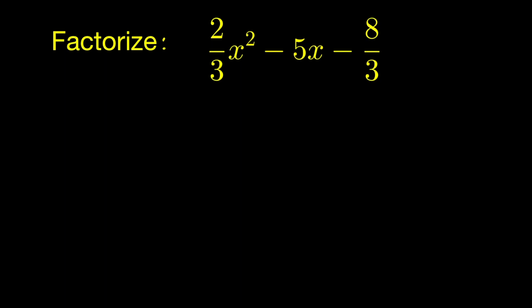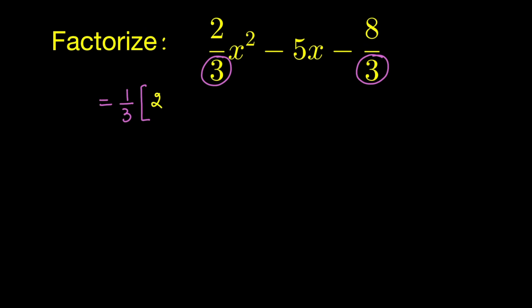Now the first one is 2/3 x squared minus 5x minus 8 over 3. The first step should be that we get rid of the fraction by factoring out the denominator 3. Since it is in the denominator, we write it as 1 over 3, and then you can see what terms will be there in the expression.